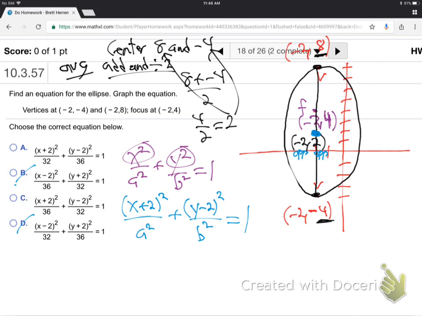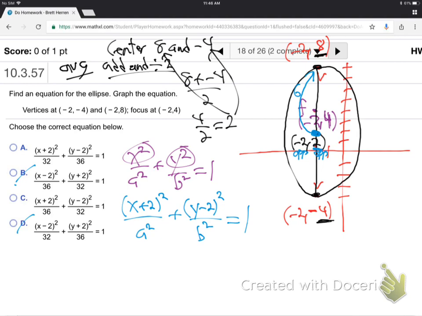So now, what are A and B? Are you clear on what they even are? They're how far to the edge from the center. So, how far from here up to there? 6. Isn't that 6?